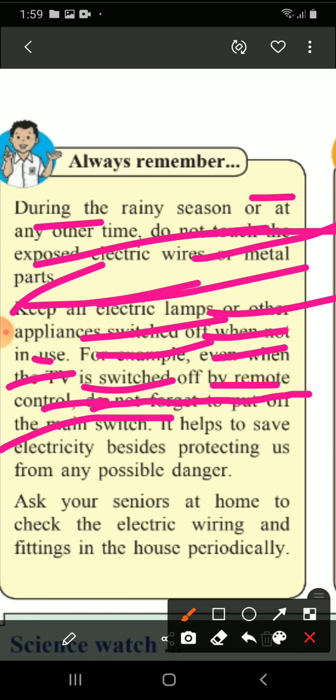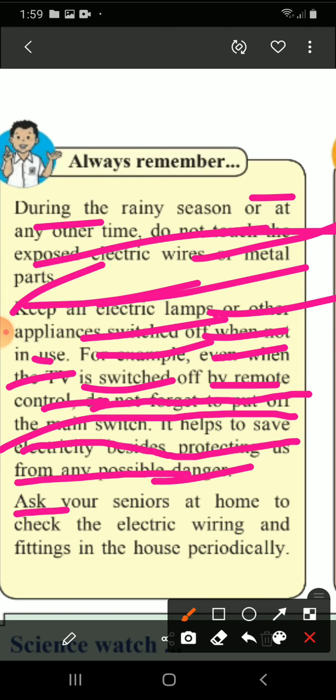It helps to save electricity besides protecting us from any possible danger. Ask your seniors at home to check the electric wiring and fittings in the house periodically.